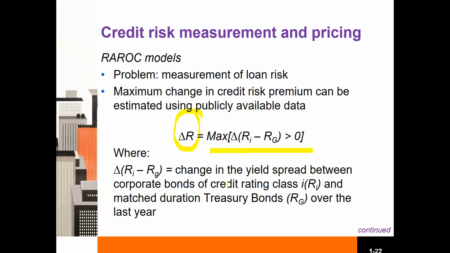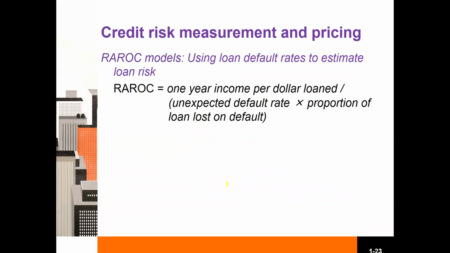That indicates how much credit risk changes. And last of all, RAROC is the one year income per dollar loaned divided by the unexpected default rate multiplied by the proportion of loan loss on default. So this information is easily available. As a result, RAROC can be easily calculated and compared with the benchmark return to decide whether a loan should be approved or rejected.